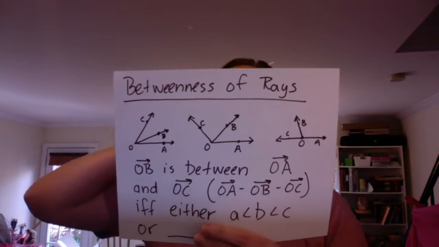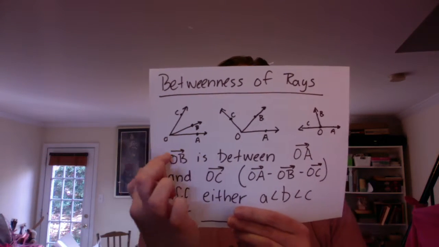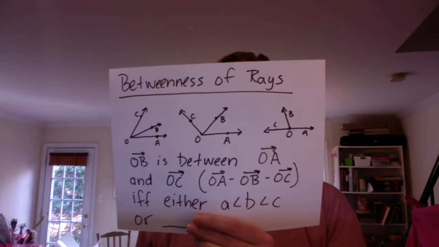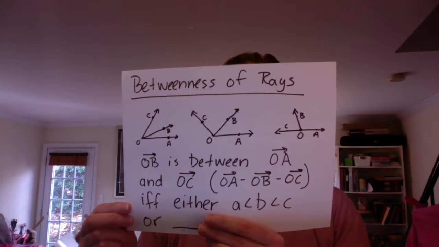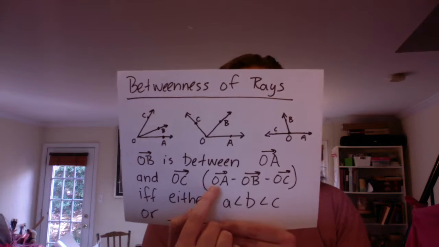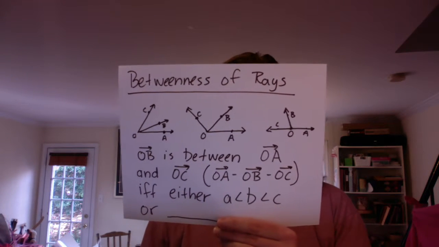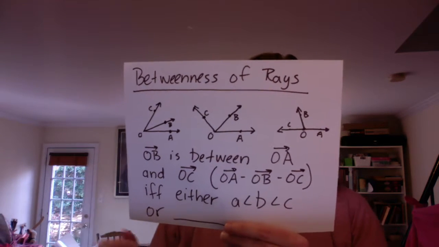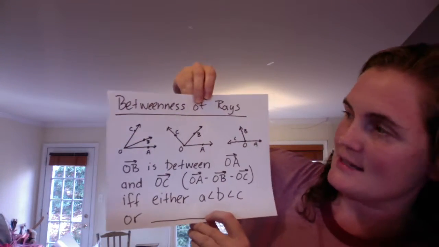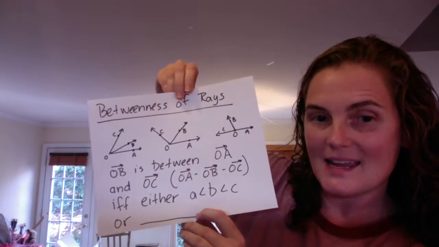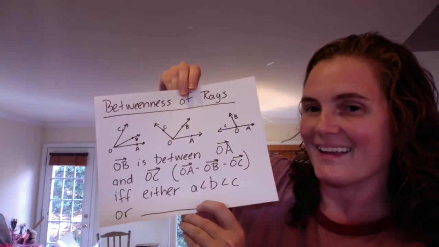So the ray OB, remember you have to do that little ray mark over the OB, is between rays OA and OC. And you write it exactly like you wrote the betweenness of points: if and only if either A is less than B, which is less than C, or fill in the blank.